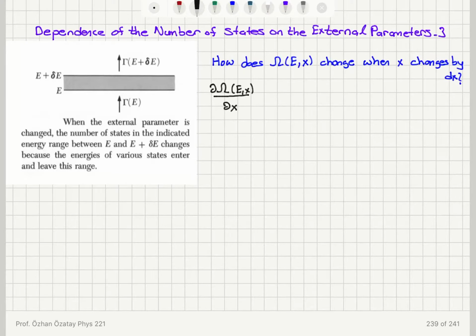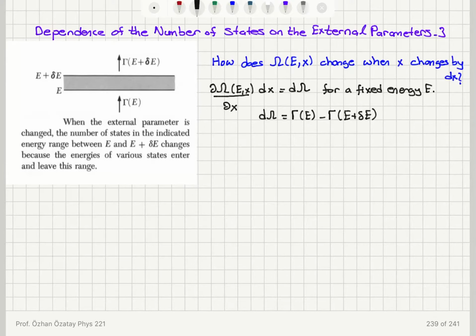If I multiply it by dx, I know the change in the number of accessible states, and this is done for a fixed energy E. I'm only interested in how it changes with x, not with E. So this is for a fixed energy E, and d omega will be equal to the number of states that are entering this range E to E plus delta E, minus the number of states that are leaving this range, the energy shifting above E plus delta E.